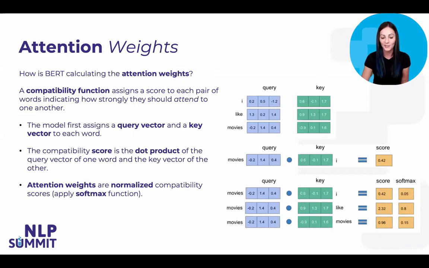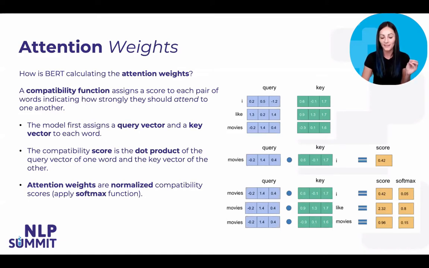To do that, it creates 2 more vectors, a query vector and a key vector, which get assigned to each word. And those are really linear transformations. And then the compatibility score is the dot product of the query vector of one word and the key vector of the other.